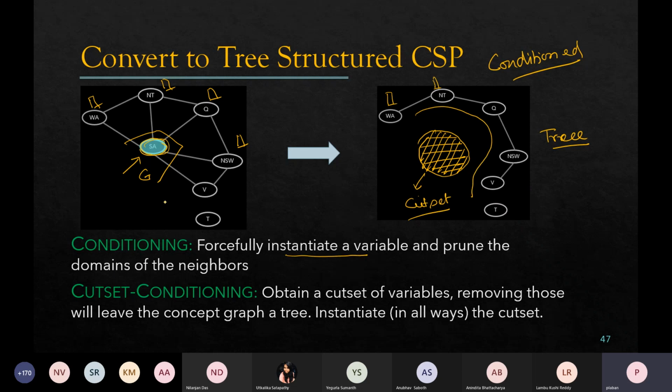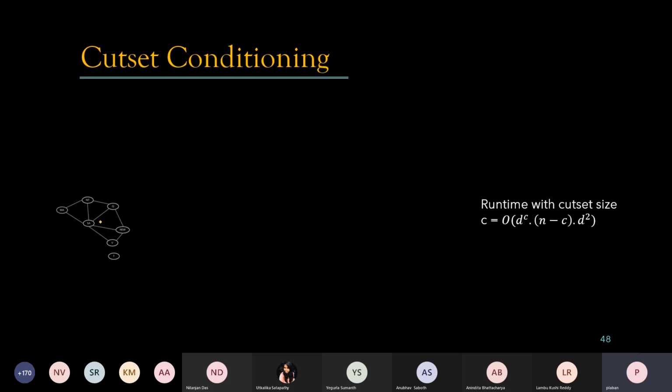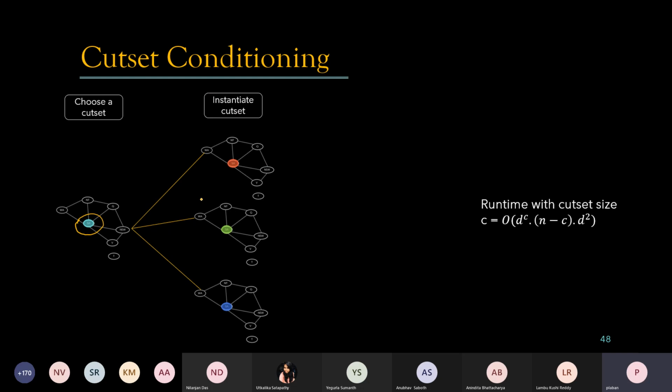Let's take the simplest case, where we have the cutset defined over a single variable. Now let us condition our network on this variable. So the first thing we need to do is choose a cutset, and for our network, this is the cutset. Now, this can be assigned green, this can be assigned blue, and this can be red.